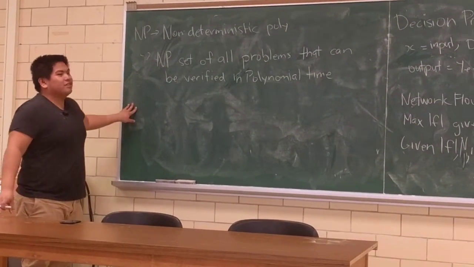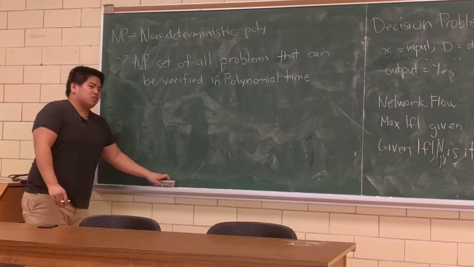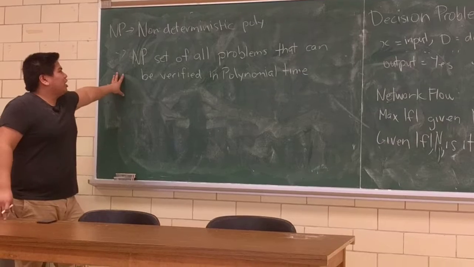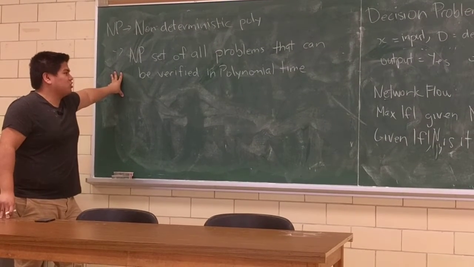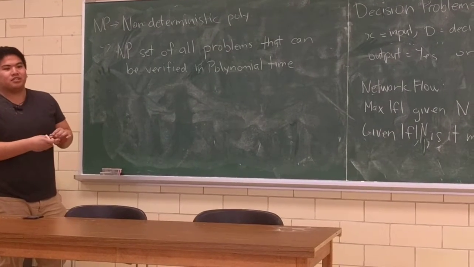Alright, so do you guys know what NP is? Verifiable in polynomial time. So basically, a problem is in NP if it can be verified in polynomial time. For example, the satisfiability problem, you guys know what that is, right?